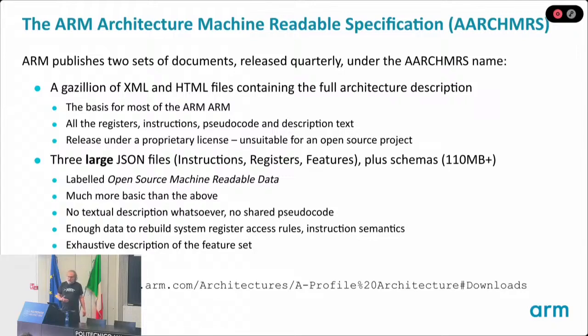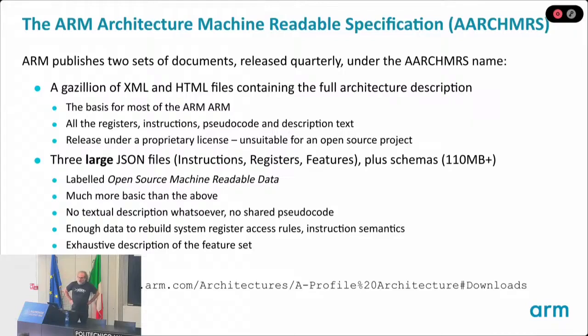But it really is under a very difficult license if what you want to do is open source software. Additionally, and more recently, ARM releases 3 enormous JSON files that contain instruction, register, and feature descriptions, plus some schemas, and it's quite big, about 100 meg. It's labeled as open source machine readable data.